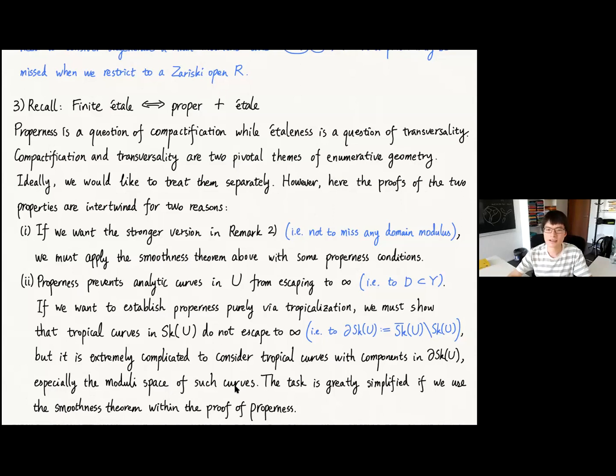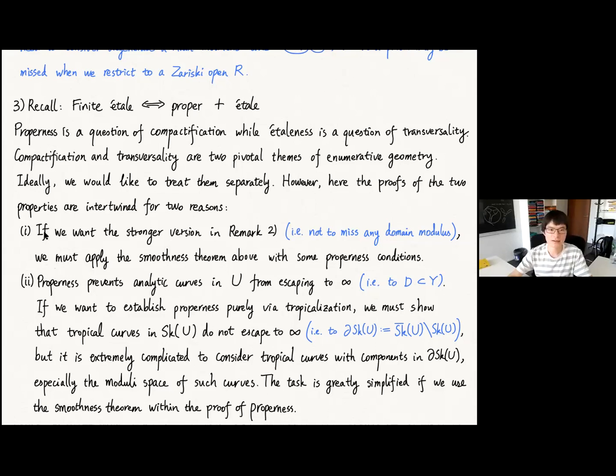If we think about components of tropical curves mapping to the boundary of the essential skeleton, and then what is the moduli space for such tropical curves, how they deform, it gets very complicated at the level of combinatorics and elementary topology. And the task is greatly simplified if we use the smoothness theorem within the proof of properness.